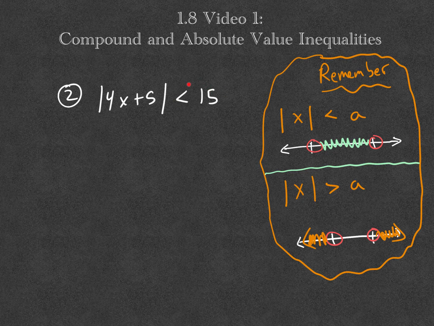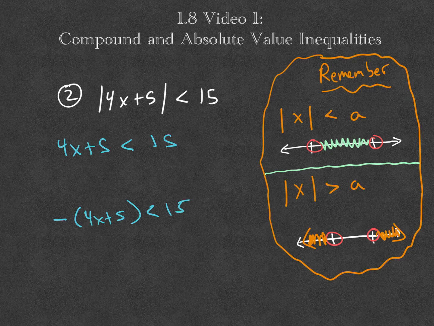This is going to be less than 15. My distance is less than 15. When we solved absolute value equations, there are a couple different ways you're taught, but we would usually say inside is equal to this number, and then the opposite of the inside is equal to this number. And so we can do the same thing here. I can say 4x plus 5 is less than 15, and I can say the opposite of 4x plus 5 is less than 15.